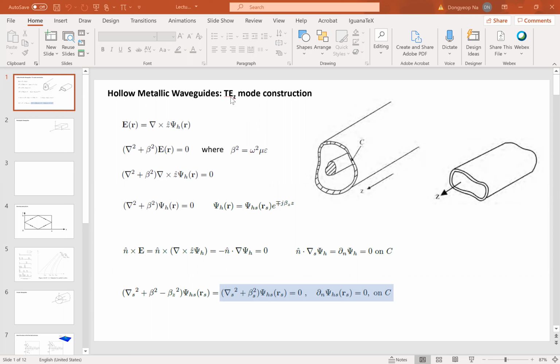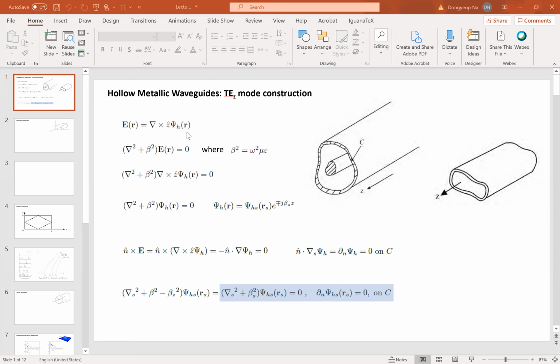TEz means that the electric field does not have a longitudinal component, in this case the z component, so by Maxwell's equation we can construct the electric field solution as the curl of the z component of a vector. It turns out that this is the z component of the magnetic field. That's why we add the subscript z at H here.